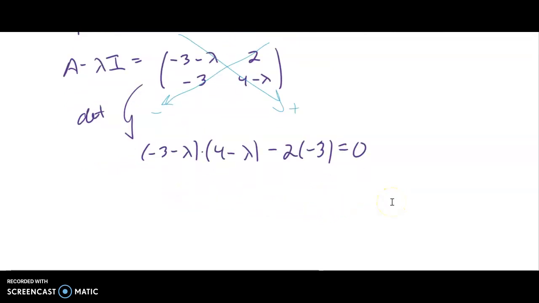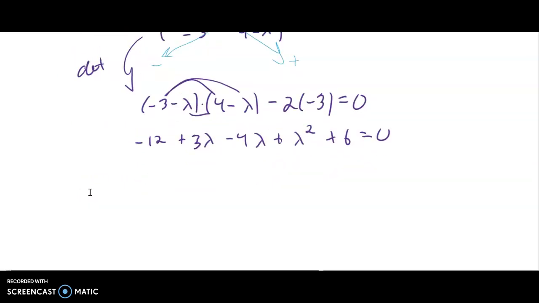So now I just have to do some algebra. When I do that, this gives me -12. This gives me plus 3 lambda. The next one here gives me minus 4 lambda. And then I get a plus because there's a double negative, lambda squared. And then this guy right here gives me plus 6 equal to 0. When I combine like terms and reorder things a little bit, I get lambda squared minus lambda minus 6 equals 0.